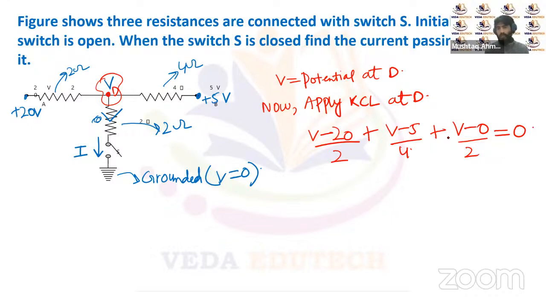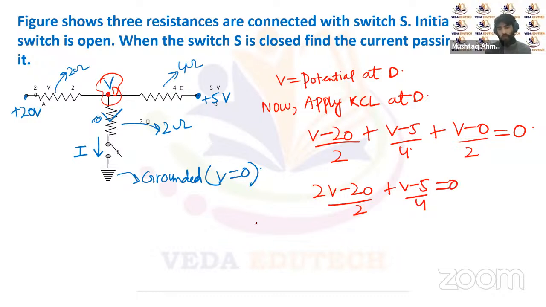From here we can calculate the potential at this point. So (V minus 20) over 2 plus (V minus 5) over 4 plus V over 2 has to be equal to 0.